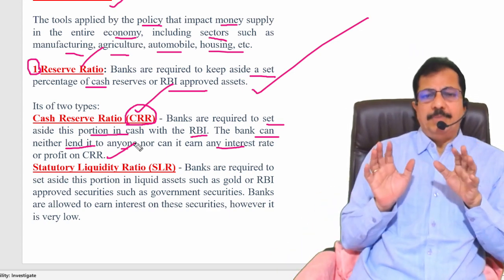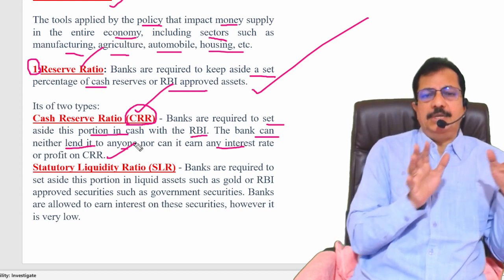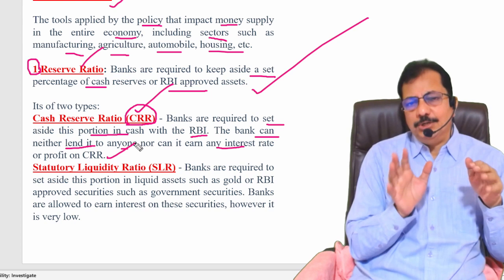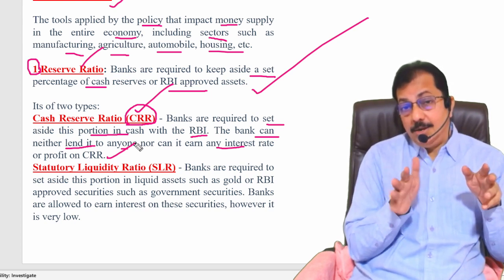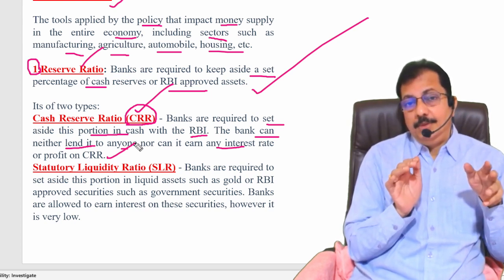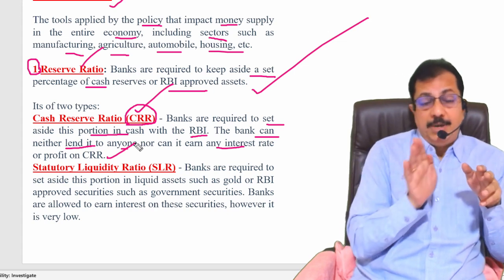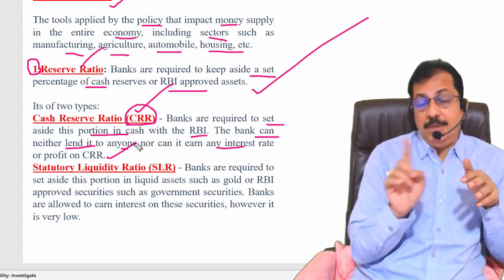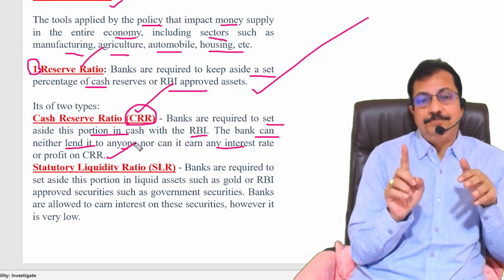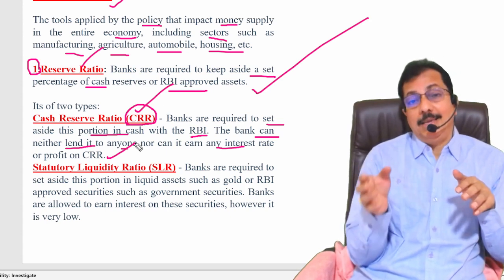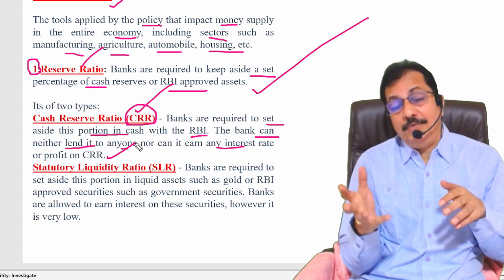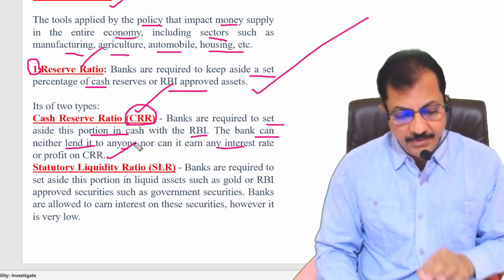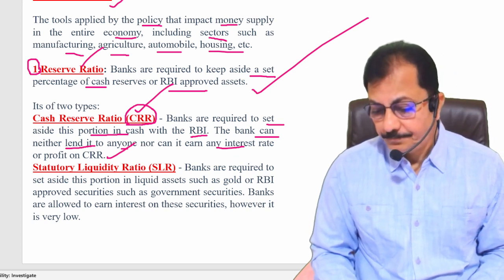Whatever percentage you are depositing with the RBI, the so-called CRR, the bank cannot lend it to anyone, because you are depositing with RBI. RBI will not pay you any interest, and the bank cannot make any profit on cash reserve ratio. Very, very important, right?